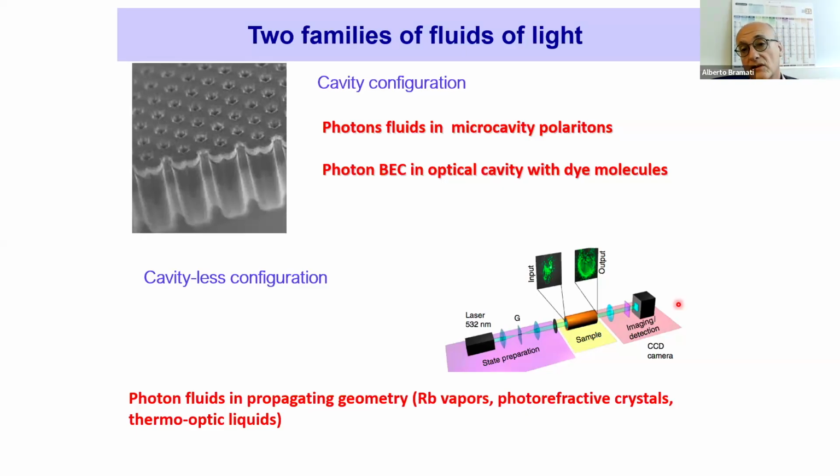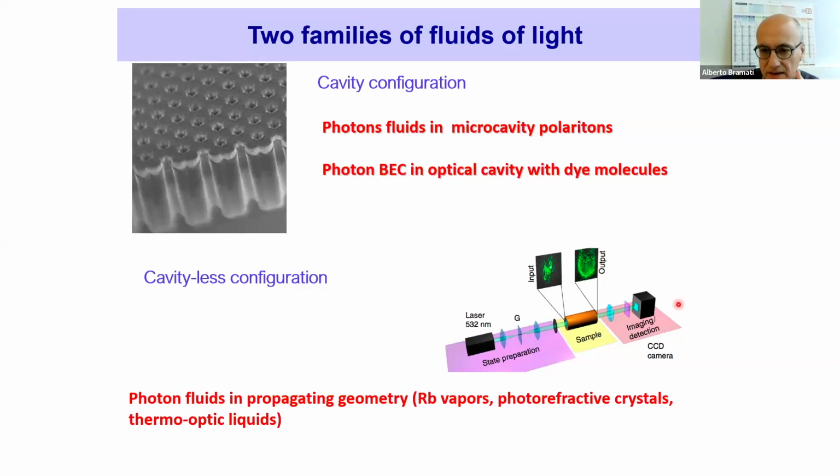This is the case of microcavity polaritons, and also, for example, of Bose-Einstein condensation of photons in optical cavities filled with dye molecules. I think that one lecture of this series was indeed devoted to this topic and was given by Martin Weitz.